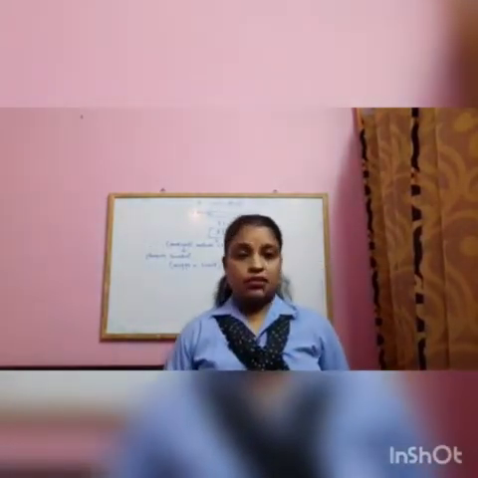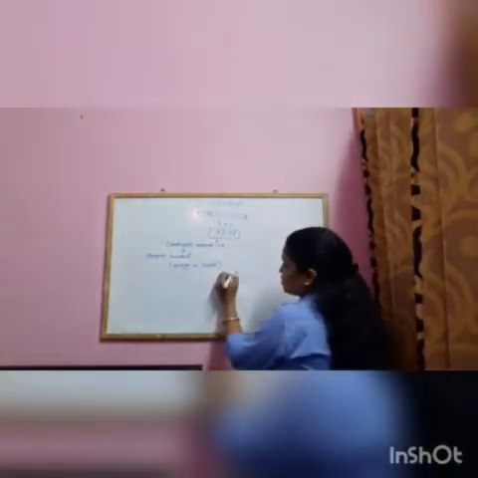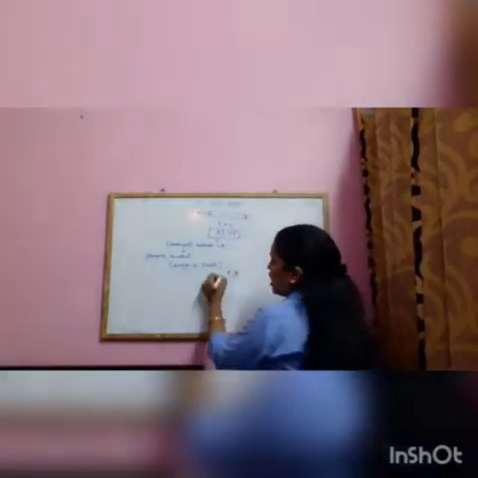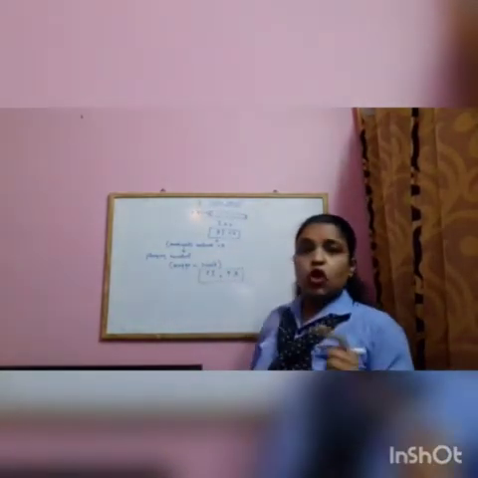Suppose in a conductor the resistance is very high, then the current flowing through it will be very less. That means on increasing the resistance, the current flowing through the conductor decreases, and vice versa.